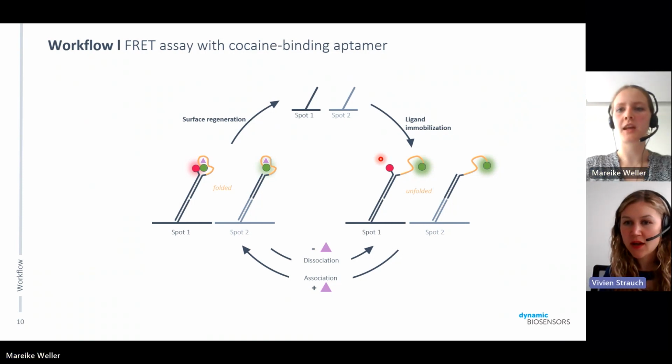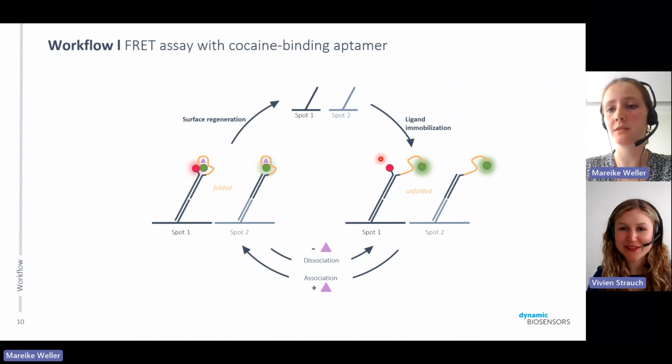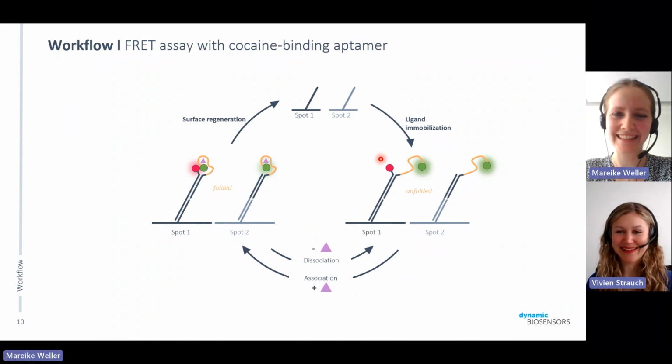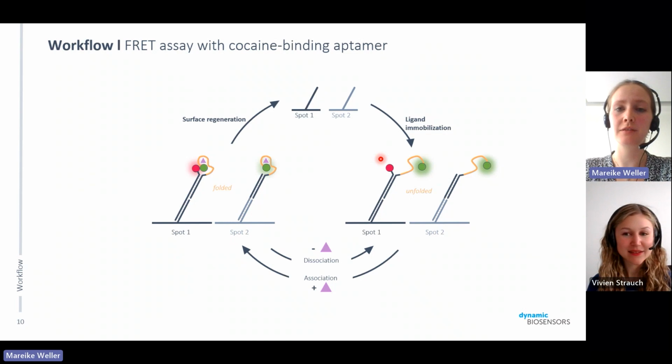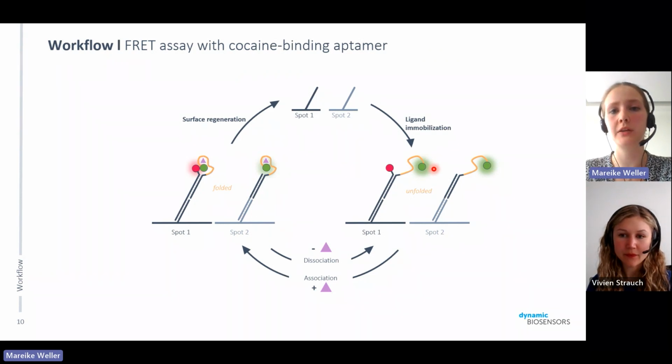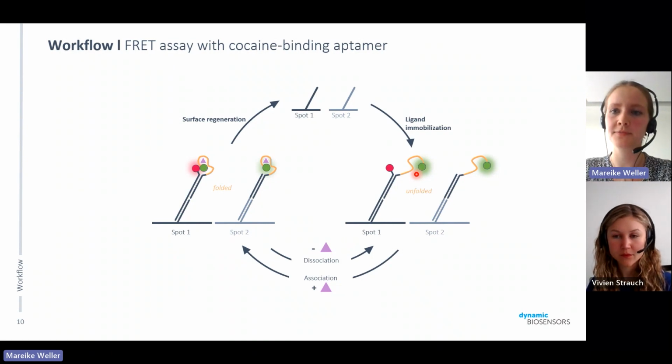Please also correct us if that's not your question. This depends maybe also on the setup you choose. This is just an example where the fluorescent dye was put at the end of the aptamer. But of course, you can modify your setup so that you put your fluorescent dye in the middle, because there's a loop that opens or closes, and then this is the most interesting part here.